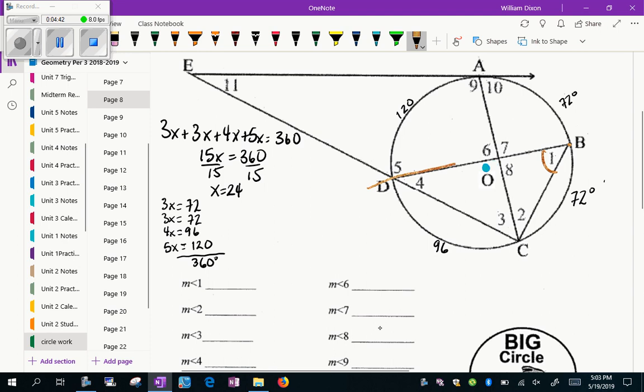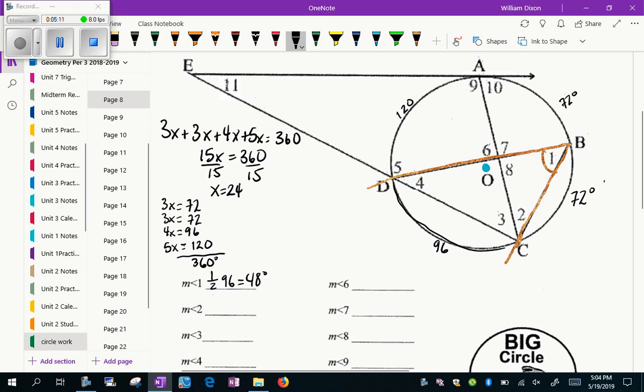So if I extend the lines to see the arc that it cuts, it's 96 degrees. I know that an inscribed angle is half of the intercepted arc. So let's write this down. That's going to be 1/2 of 96, and that's going to equal 48 degrees.